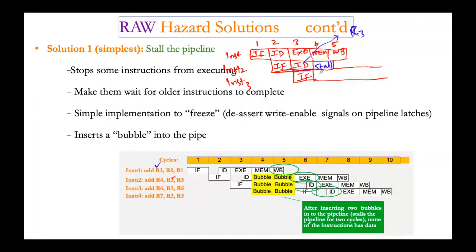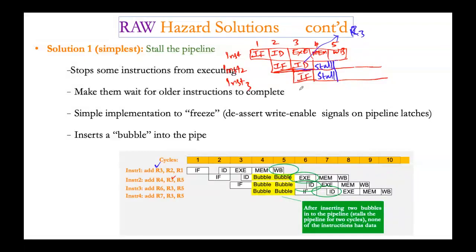So automatically your instruction 3 will also stall. So in the fourth cycle, both the second and third instructions are stopped.